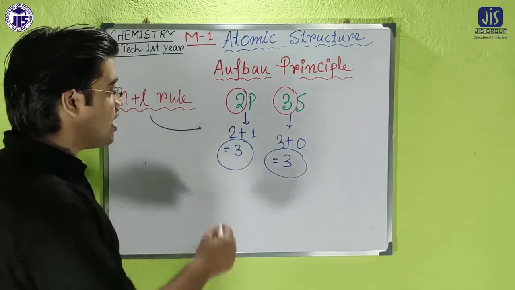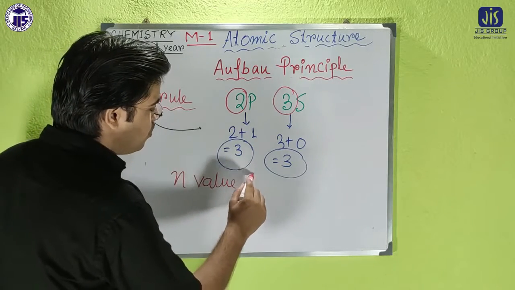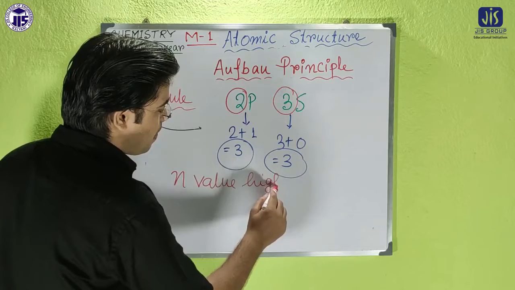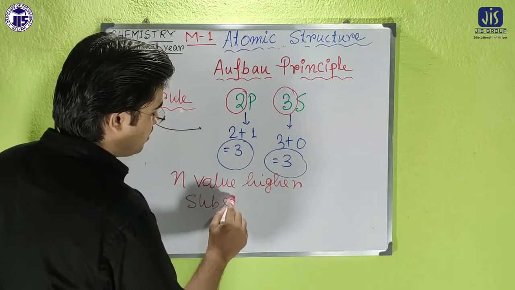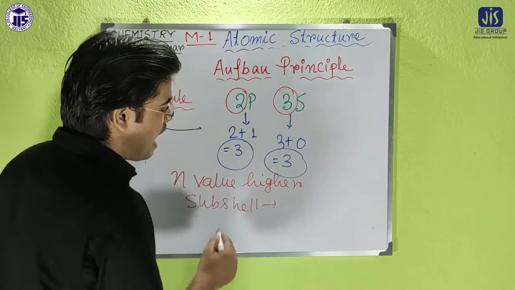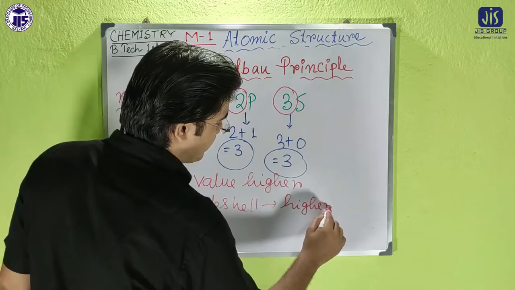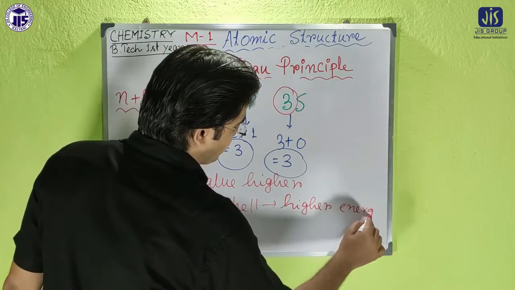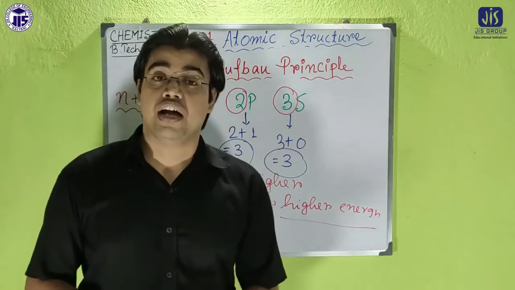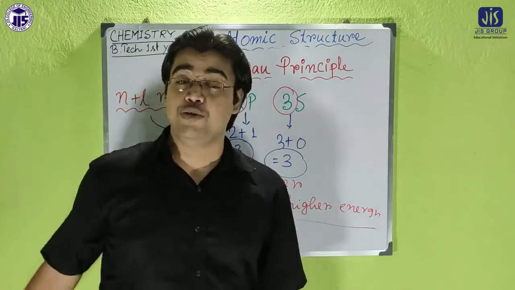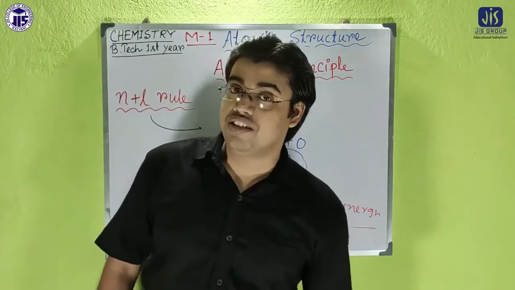Where the n value is higher, that subshell has the higher energy. Okay, is it clear? When n plus l values are the same for two subshells, then only we can apply the theory.